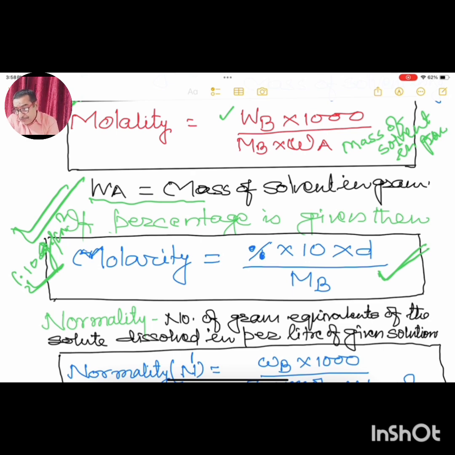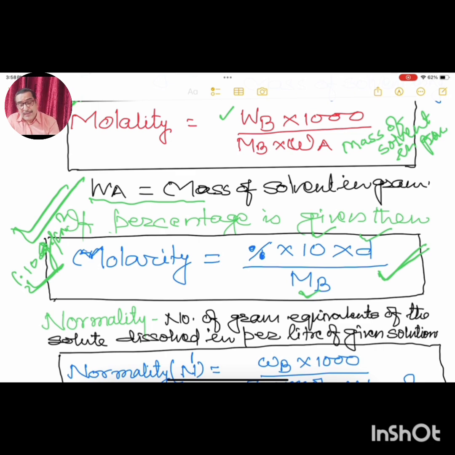Now, if 15% is given to you, you use the second formula, which is percentage multiplied by 10 multiplied by density upon the molar mass of the solute, without converting the mass into volume, because percentage is given.